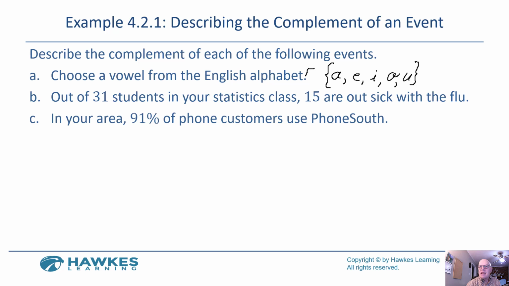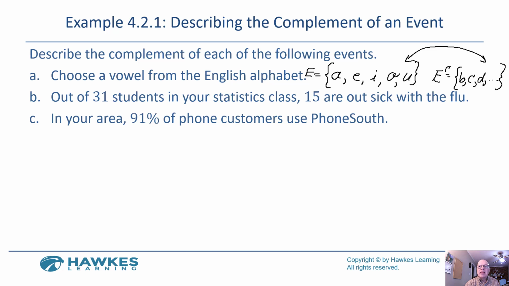If this is E, what is the complement of E? We're talking about the English alphabet. So A is over here, so it's not over there. You'd have B, you'd have C, D, everything except what's in there. Those two are complementary.